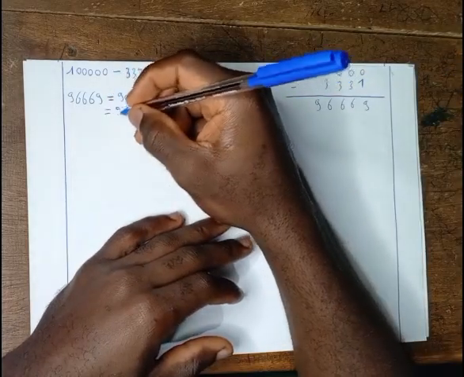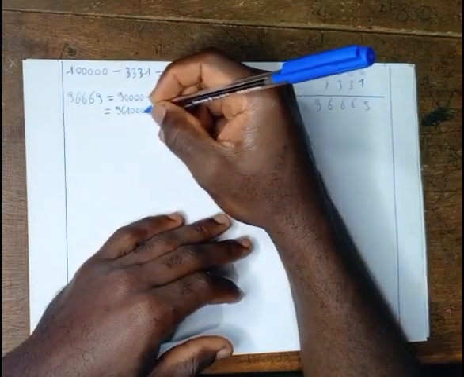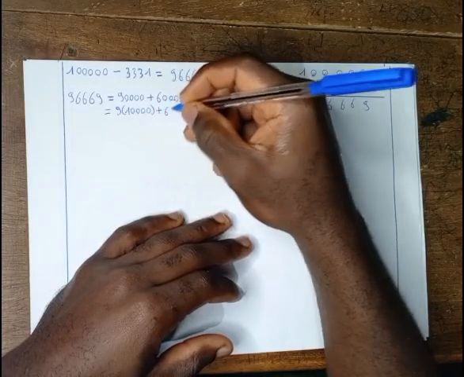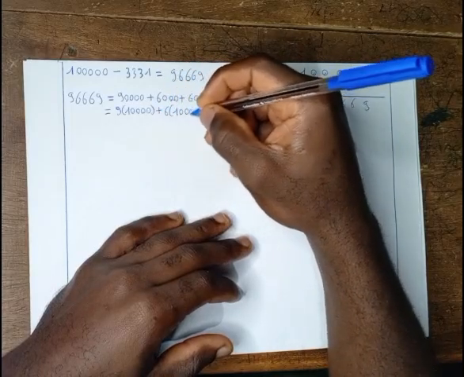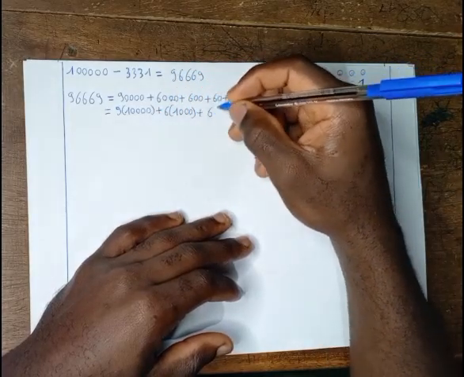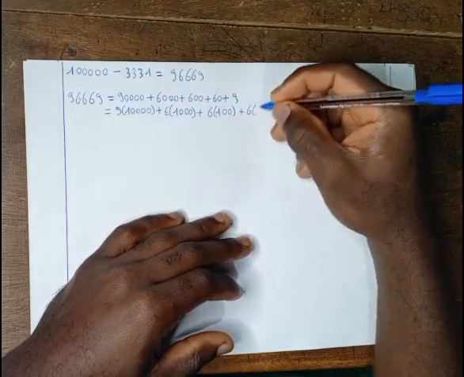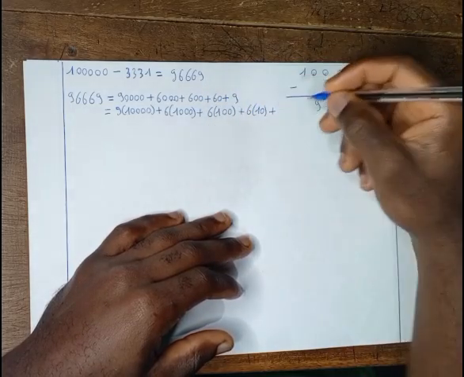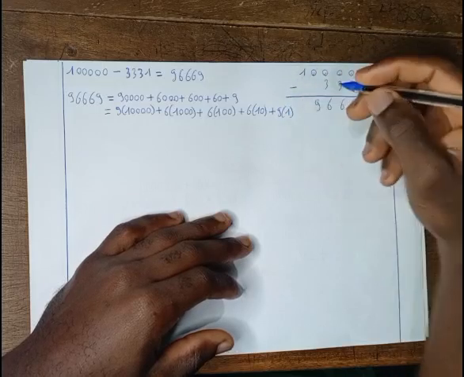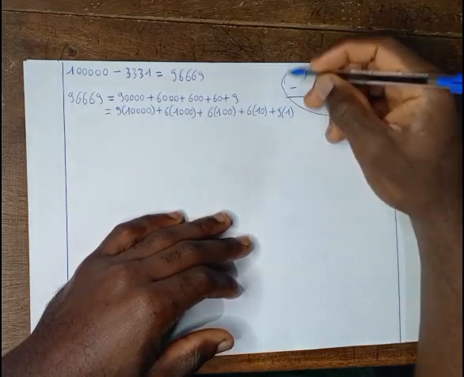So this will give us 9 times 10,000 plus 6 times 1,000 plus 6 times 100 plus 6 times 10 plus 9 times 1. This is our rough work.